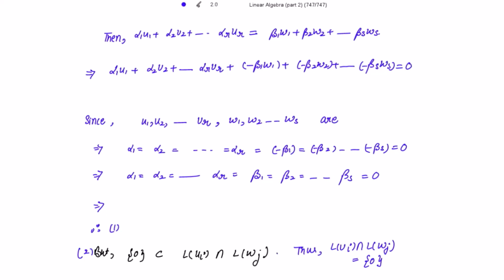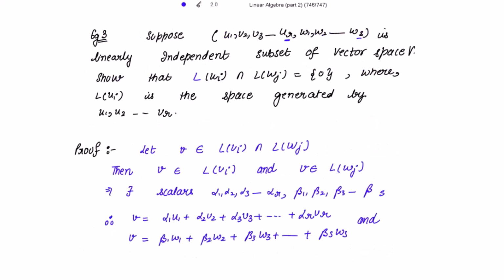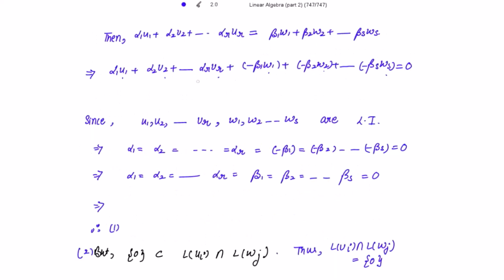Now it is given to us that U1, U2 up to UR and W1, W2 up to WS are all linearly independent. This is already given to us. Because these are linearly independent, all these scalars, alpha 1, alpha 2 up to alpha R and beta 1, beta 2 up to beta S, are equal to 0.